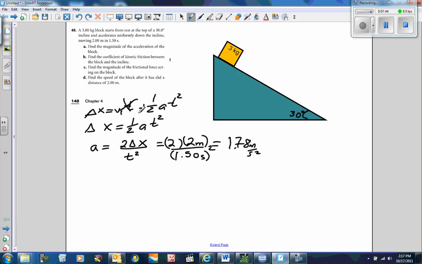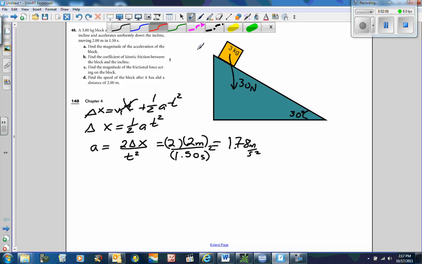Well, the next part's a big jump. It says find the coefficient of kinetic friction between the block and the incline. Well, we're going to do a quick force diagram. That's mg, and that is 30 newtons, right? And of course we have a different color here.